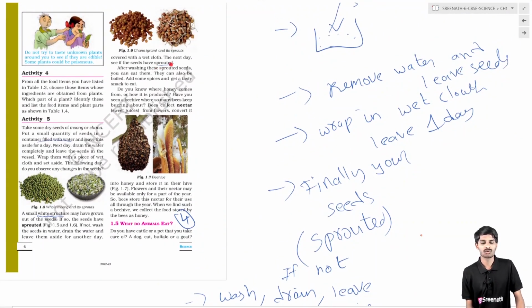After that your seeds will get sprouted. Okay, in this way you will get your seeds sprouted.